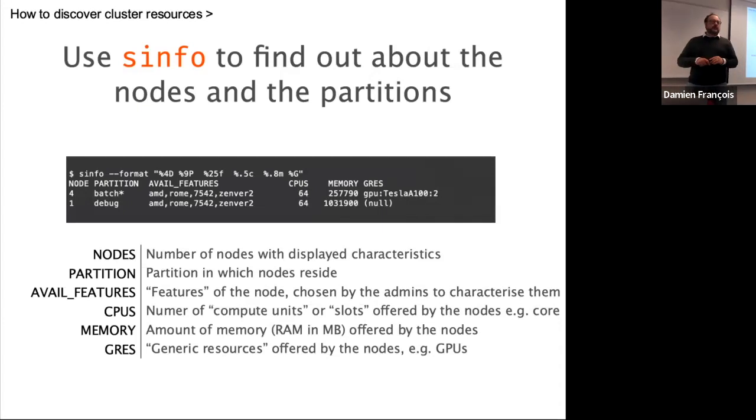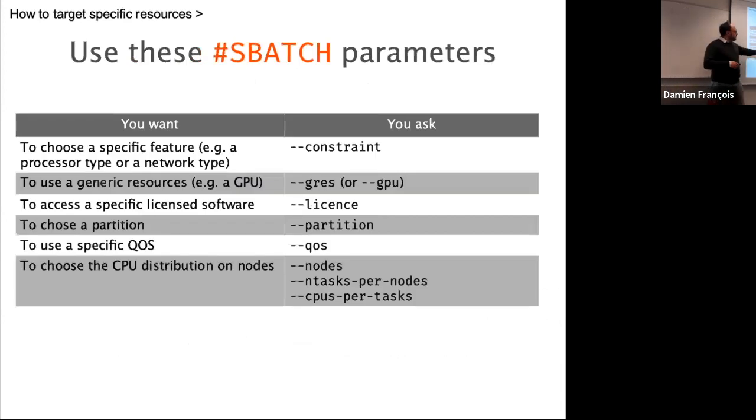Basically, I'm summarizing. If you don't know what it is, it means that you don't need to use them. But if you know what they are, you can choose exactly what you want, with the --constraint option. So in a submission script, you write #SBATCH --constraint= and then let's say Rome, for instance. And then you know that your job will only start on a Rome CPU.